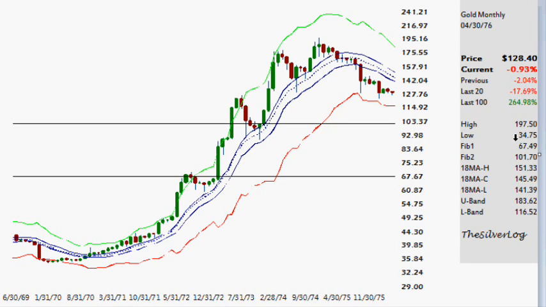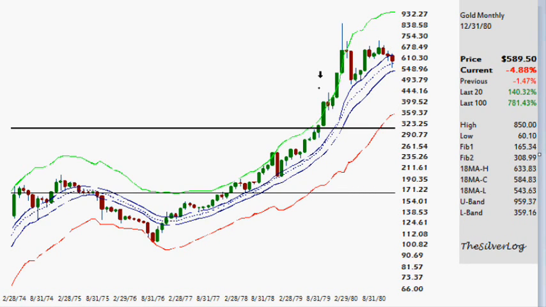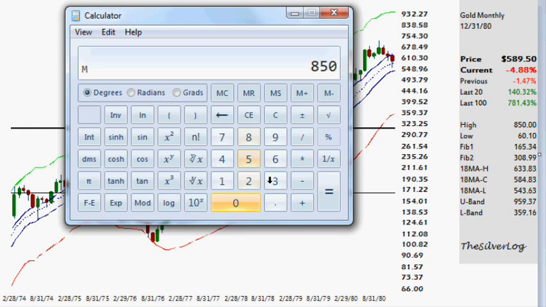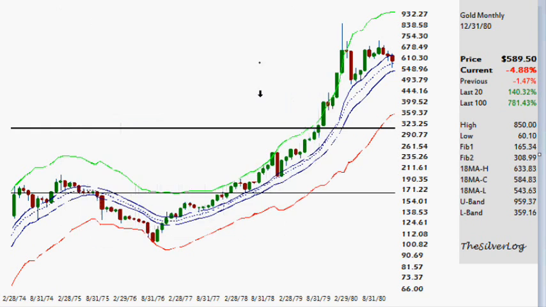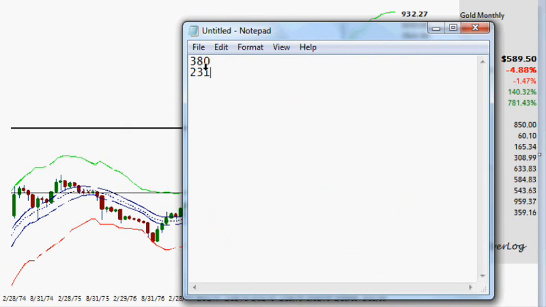Notice that the low happens to be 35, and therefore we know the high is 850, we know the low is 35. We'll do 850 divided by 35, and we'll put this to the power of 61.8, multiply the $35 low again. That gives us a price objective of $250. So those would be the numbers that we are looking for: 380, 231, and 250.